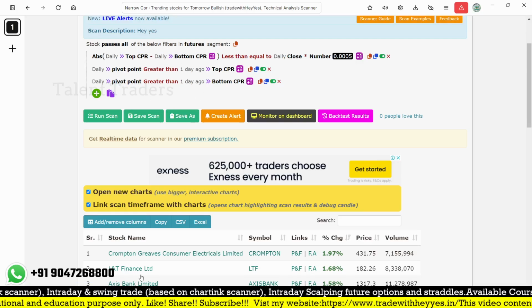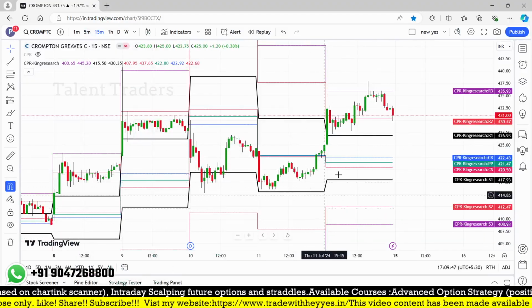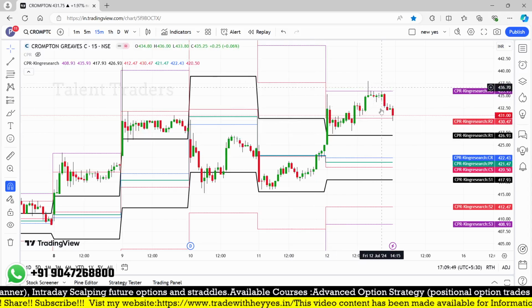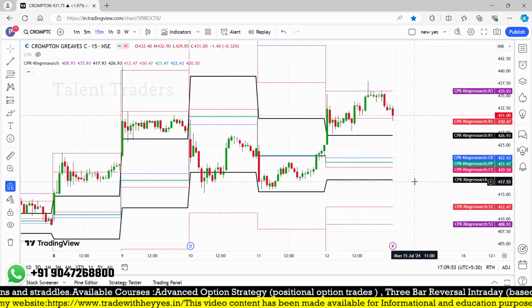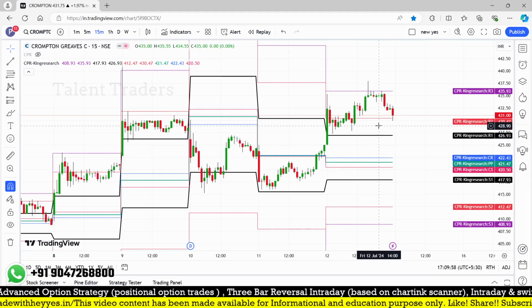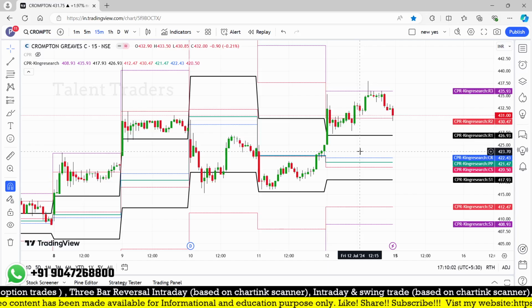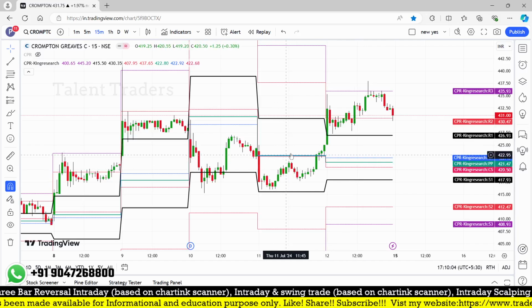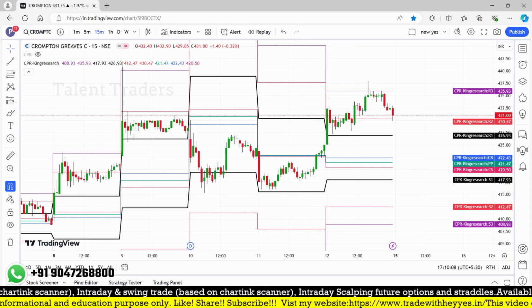So what are the conditions which I have met? Here I'm looking at the CPR, which consists of three things: BC, TC, and pivot point, along with R1, R2, S1, S2. What I'm exactly looking for is a stock forming a very tight range, where BC and TC should be in a very tight range.